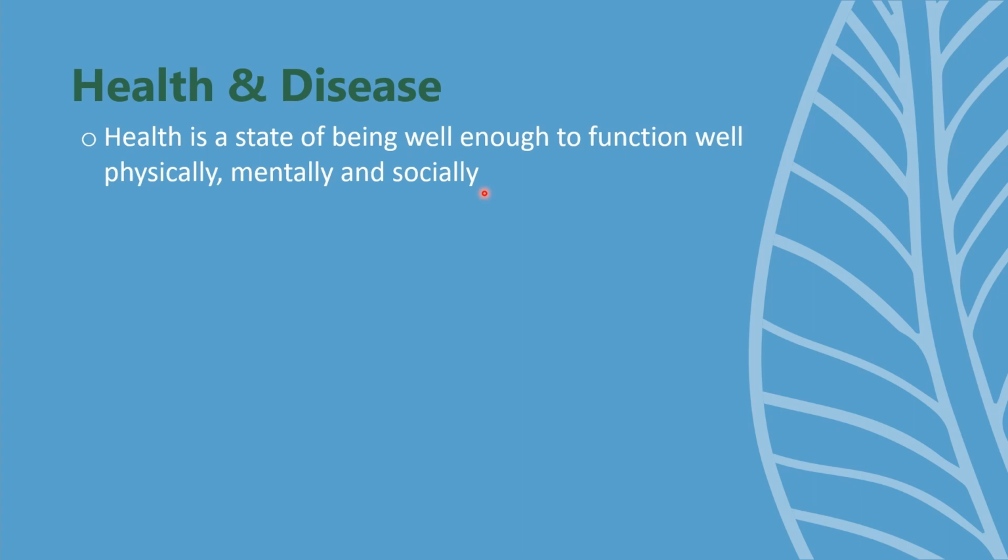If the same person is disturbed mentally or socially, then all these aspects should be well together, and only then can we call it a state of health, a healthy person or healthy condition. Now, if any one of these three factors affects us in a negative way, then that will lead to the state of disease.